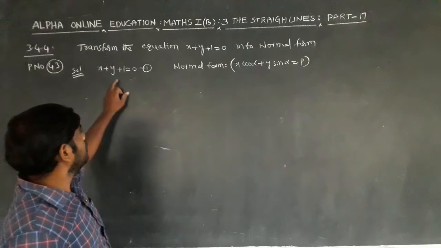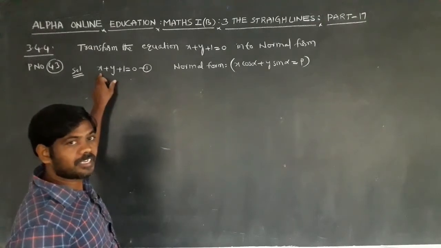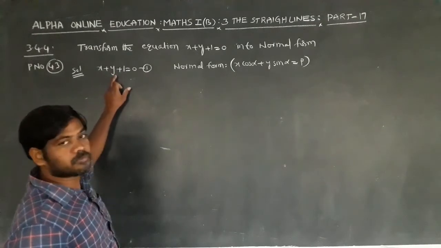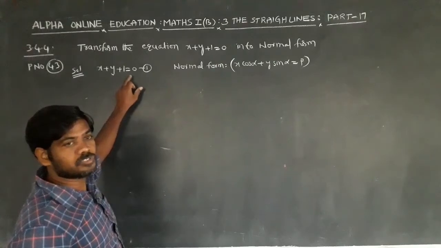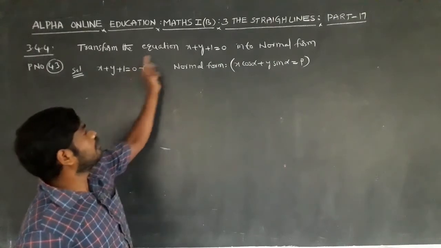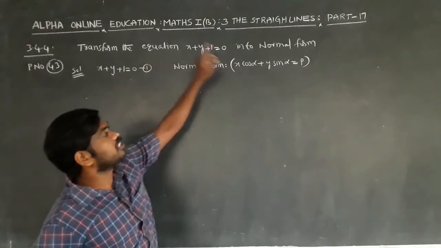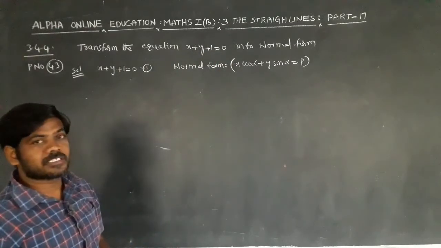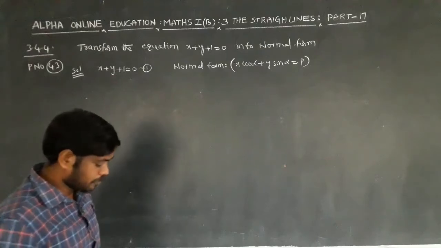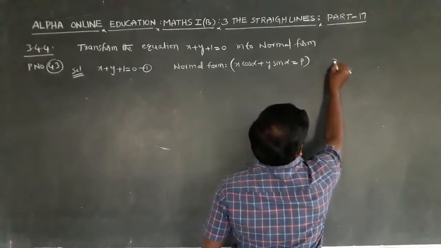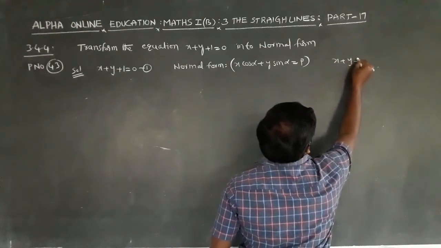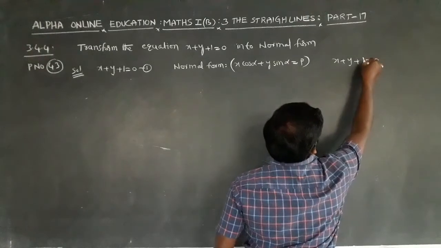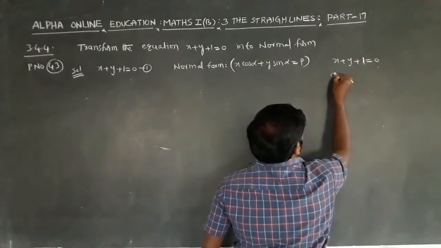The given equation can be transformed into x cos alpha plus y sin alpha is equal to p.